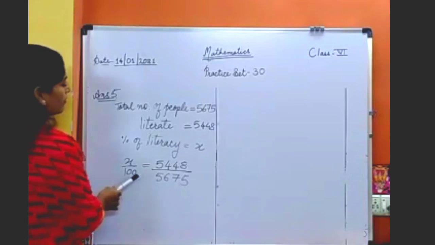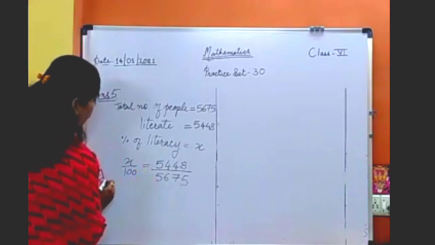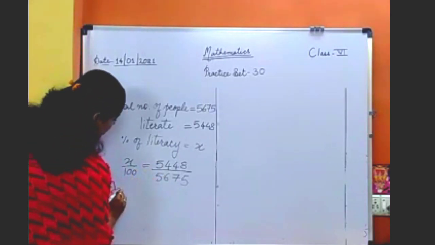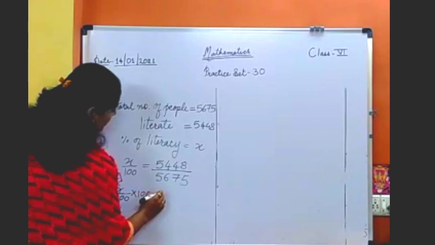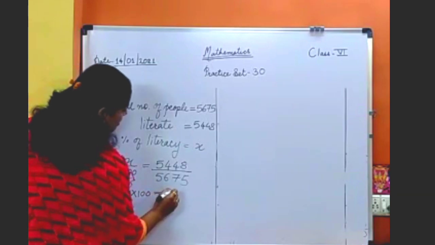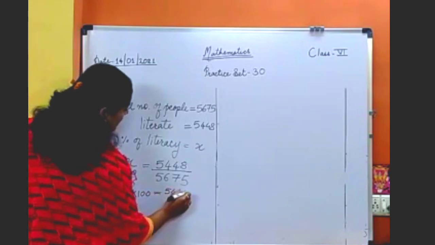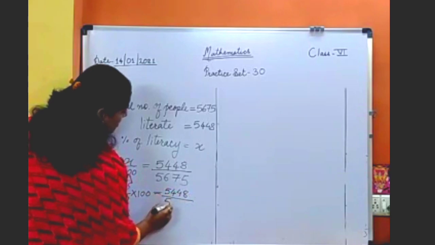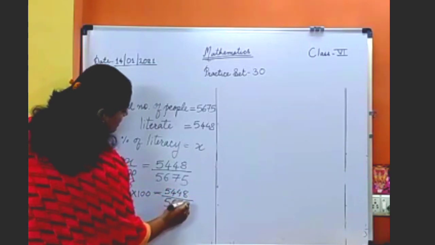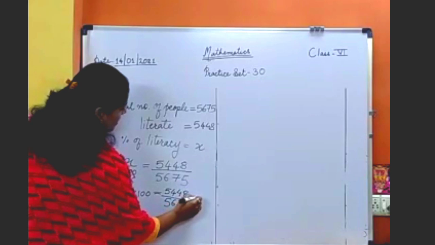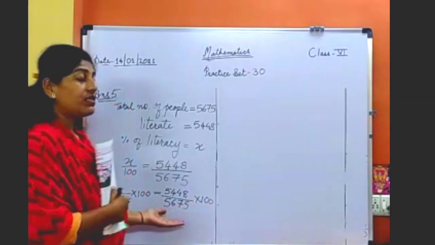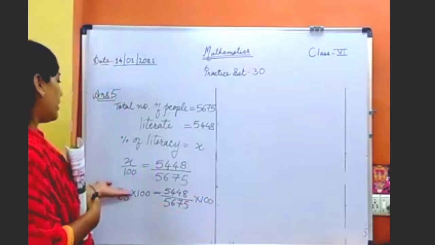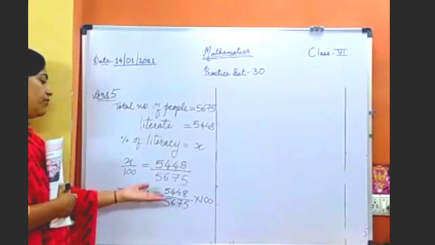So here we multiply both sides by 100. First we'll write the left hand side, X upon 100 multiplied by 100 is equal to 5,448 divided by 5,675 multiplied by 100. Okay children, these numbers are so big. You must be knowing the division.